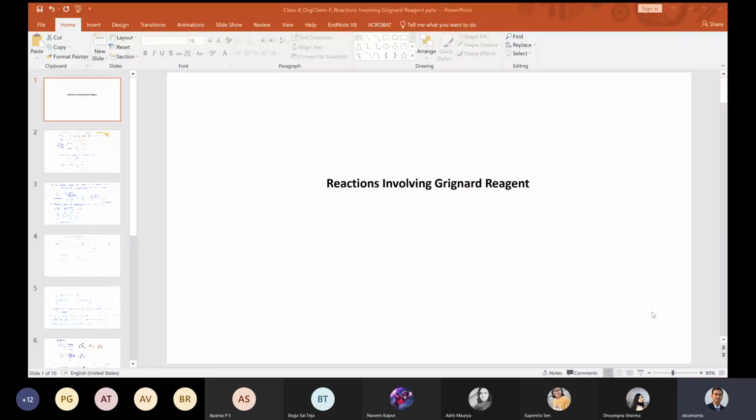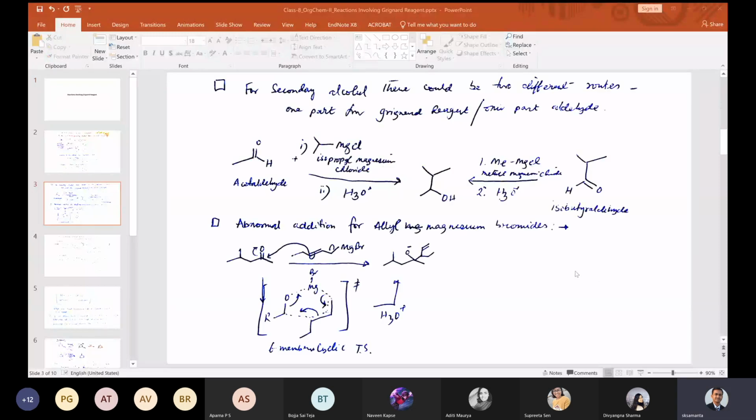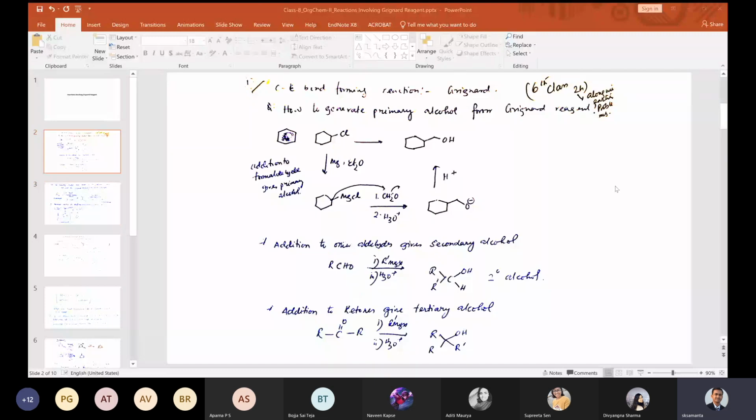Today we will see the reactions involving Grignard reagent. In the last class we also saw some reactions, mainly synthesizing various functional groups. Today we will see some more. In the last class we saw the formation of alcohols, mainly primary alcohol in two different ways.